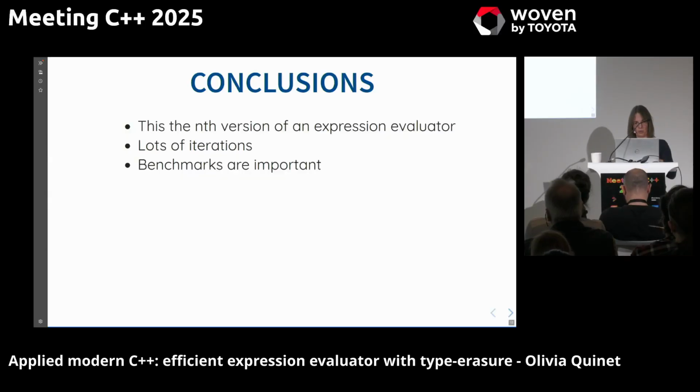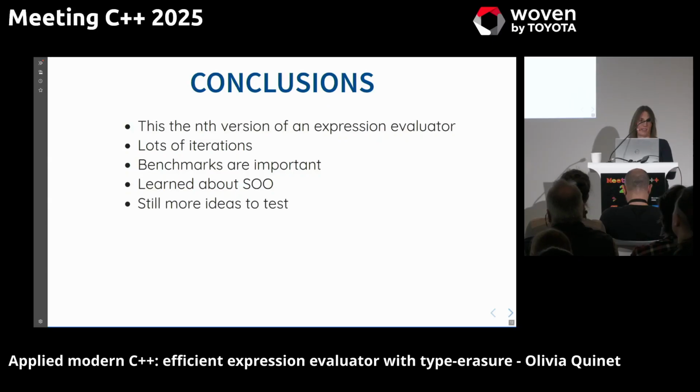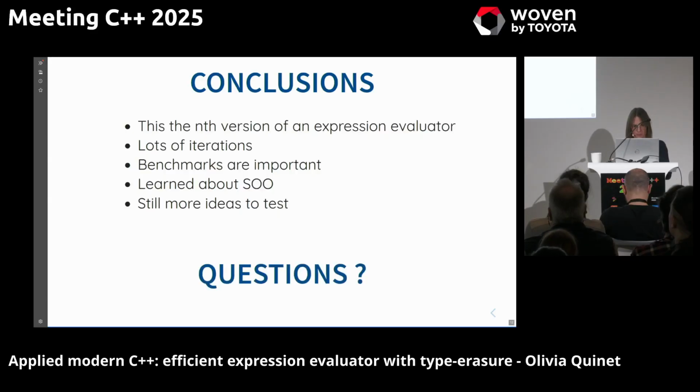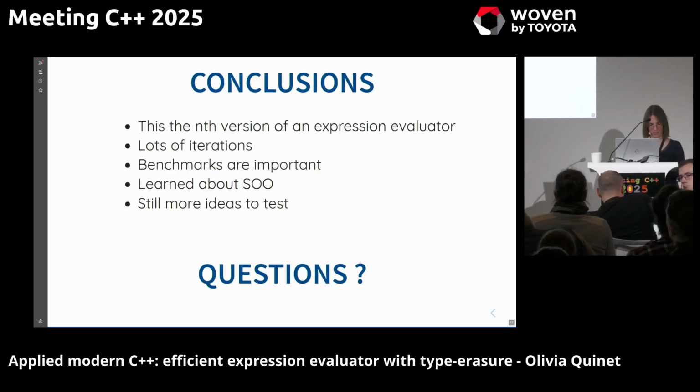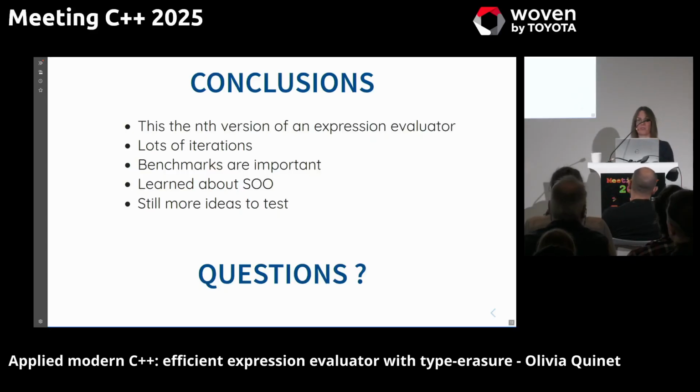And I would say, when you have an idea, always do some benchmark to know if you go in the right direction. So again, I learned about small object optimization, and I still have more ideas to test and maybe implement and go further in this framework. So I thank you, and if you have any questions, I'll be happy to answer them.